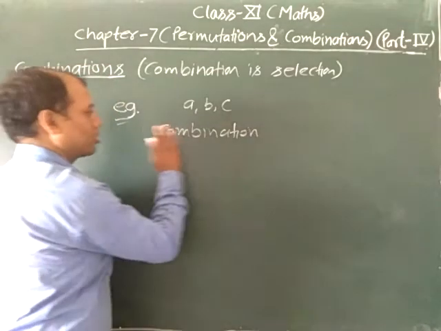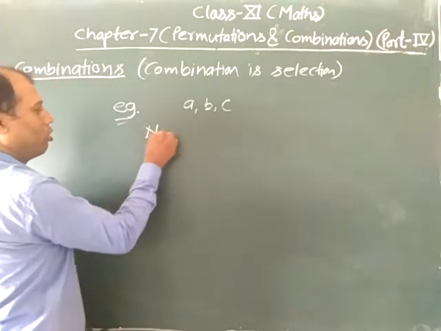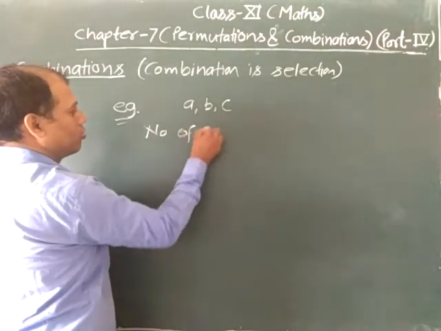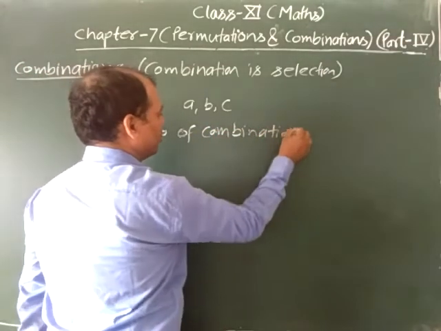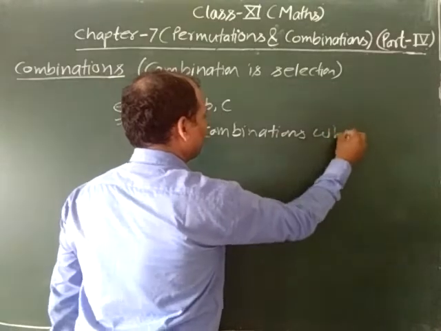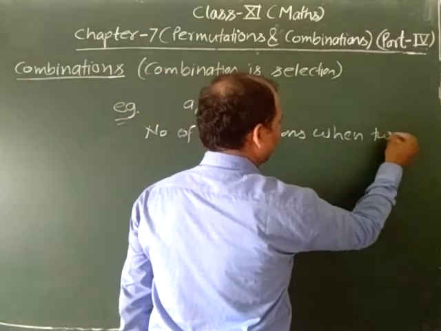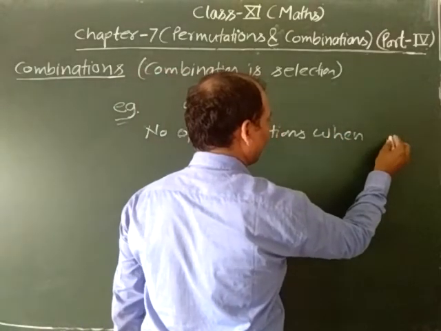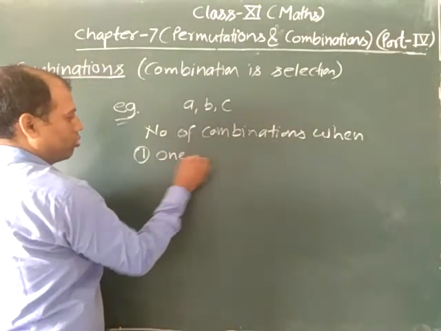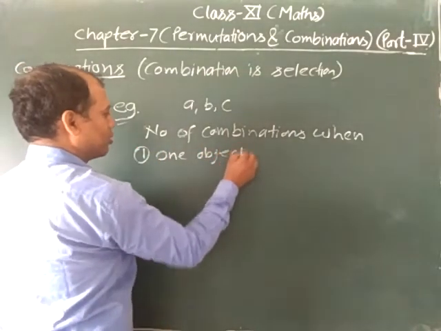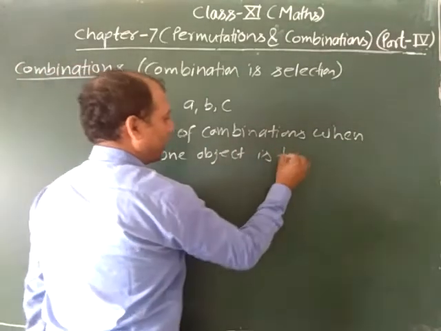Number of combinations when one object is taken at a time.